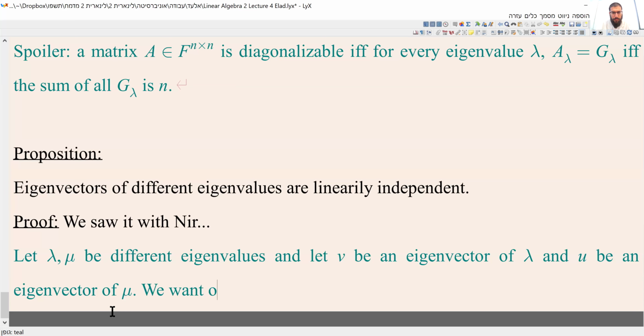We want to show that they are linearly independent.